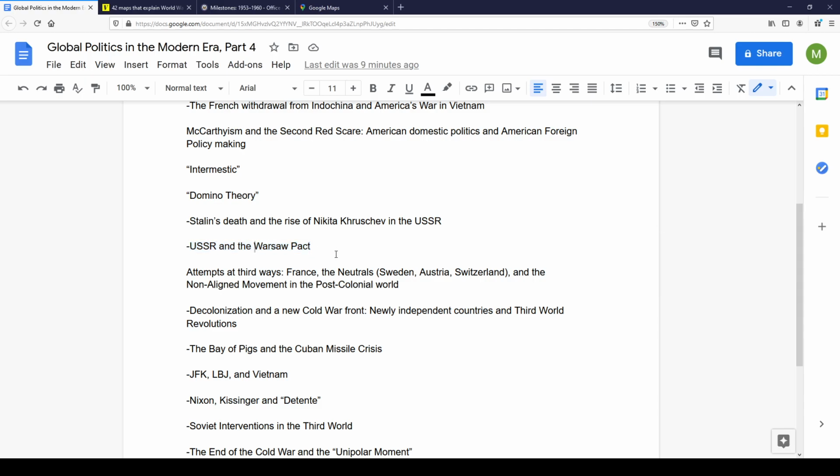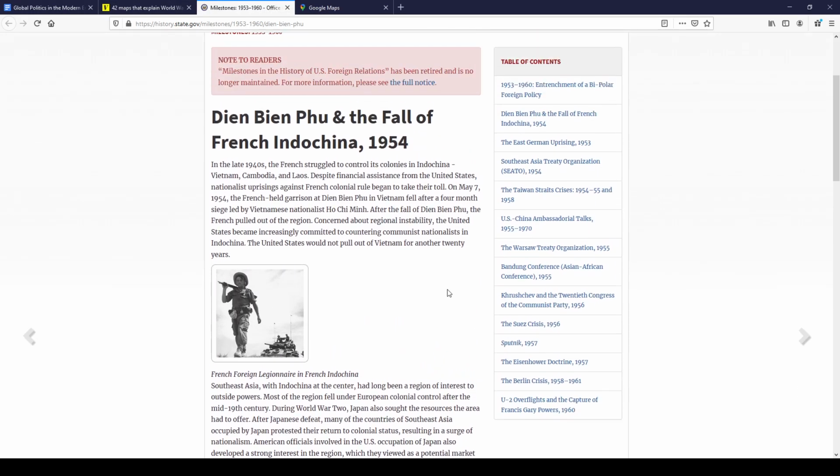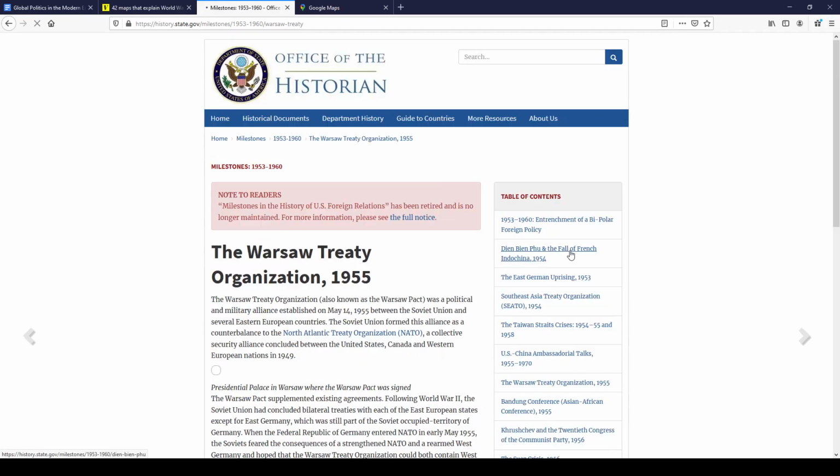The counterpart to NATO, the Soviet Union version of NATO, is called the Warsaw Pact, and I think I saw something on here about that. There's all this other stuff too that I did. Okay, Warsaw Treaty Organization, so that's what that is.